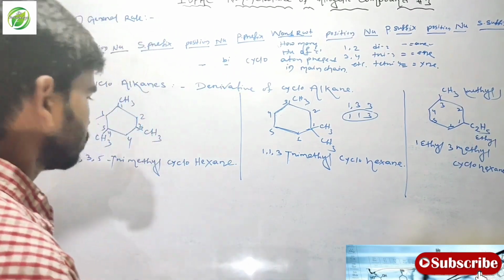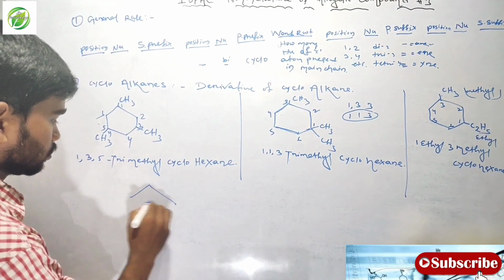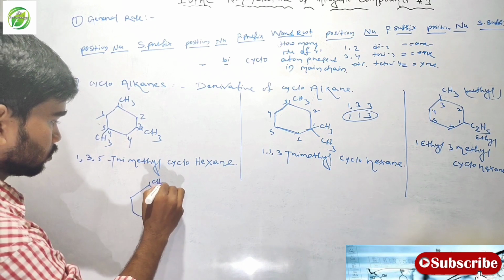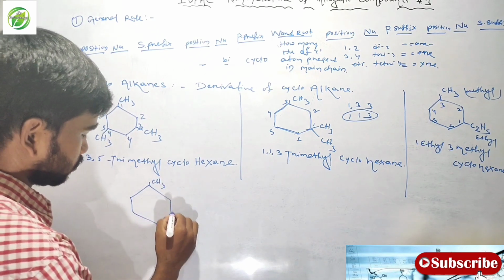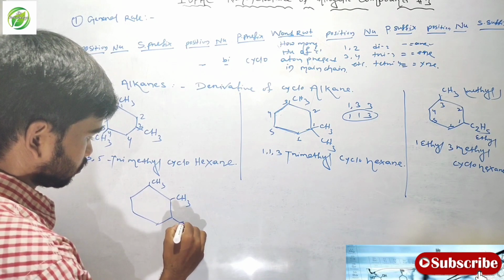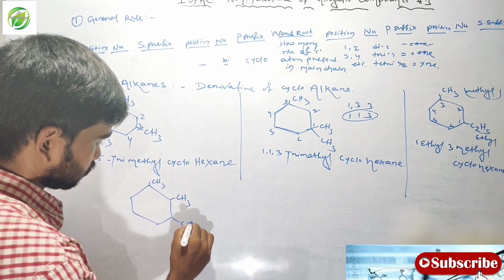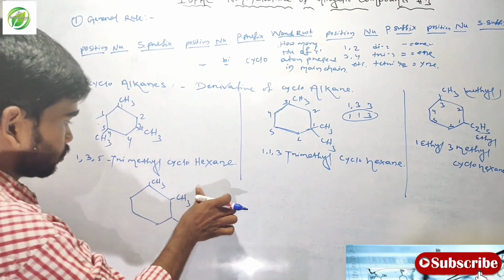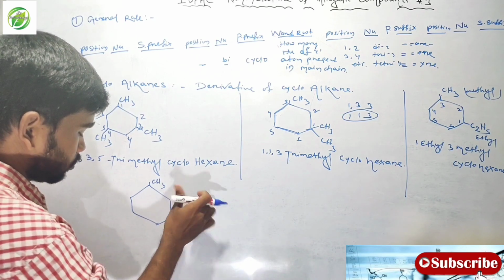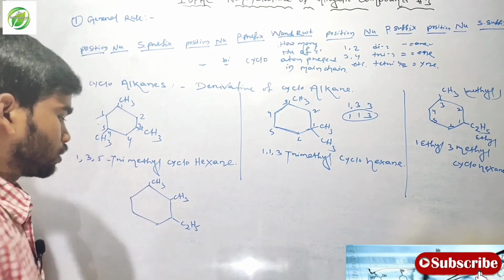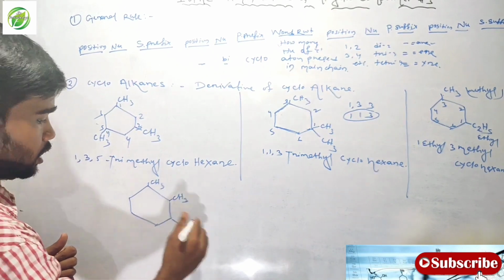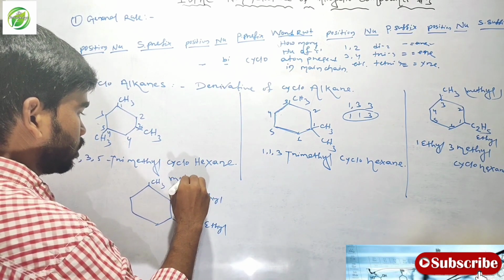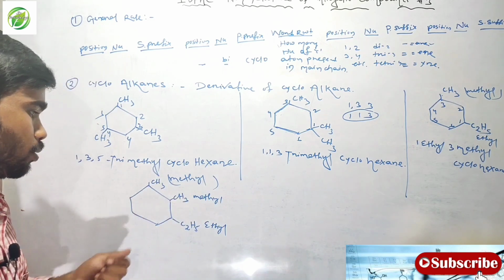Take another example. But friends, in this case, this is ethyl, this is methyl, this is also methyl. Start numbering.